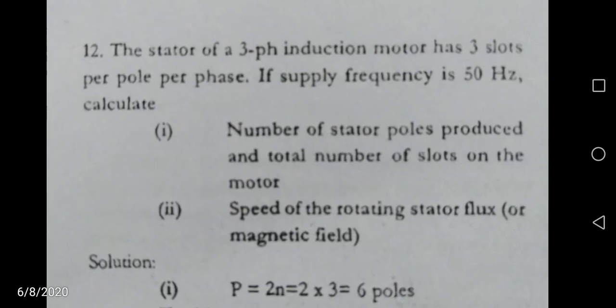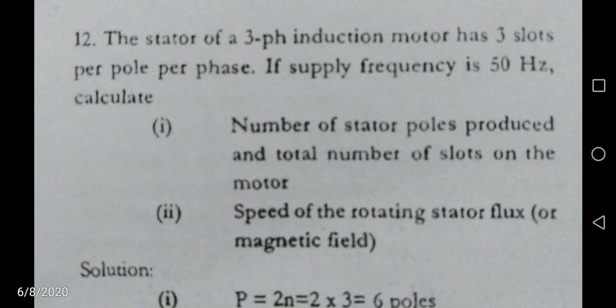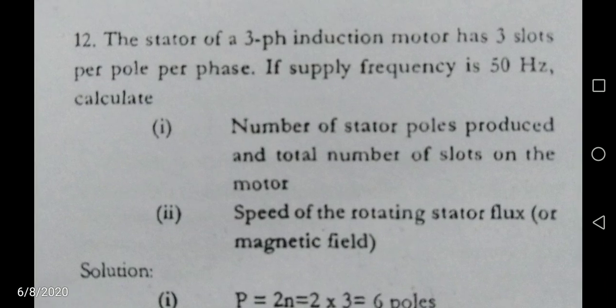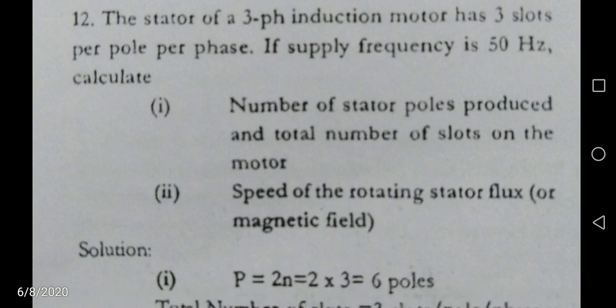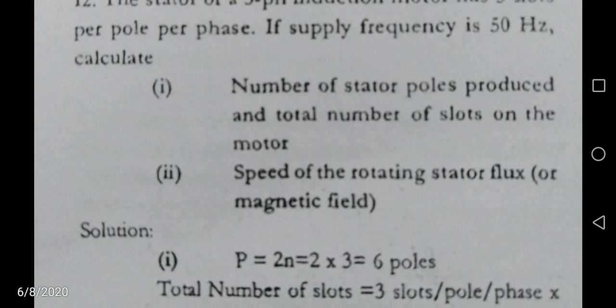The stator of a 3-phase induction motor has 3 slots per pole per phase. If the supply frequency is 50 Hz, calculate: A, the number of stator poles produced and the total number of slots on the motor; and the speed of the rotating stator flux or magnetic field.